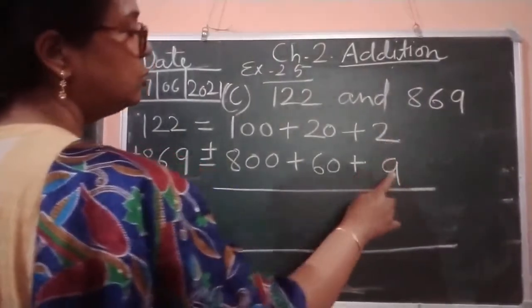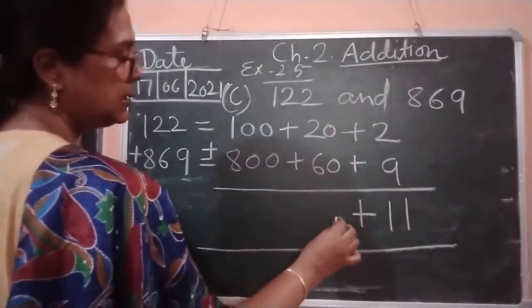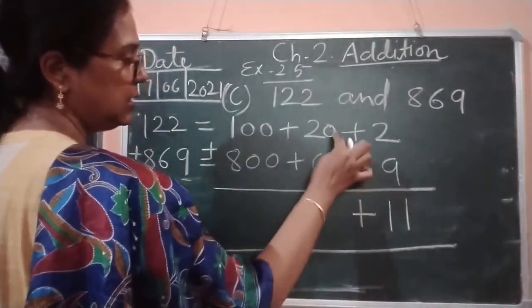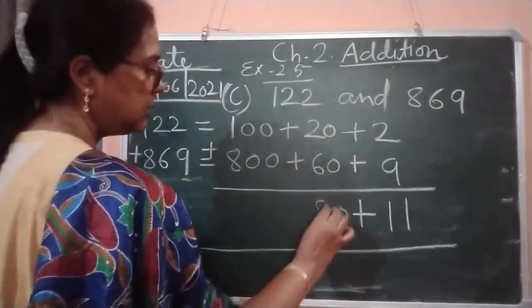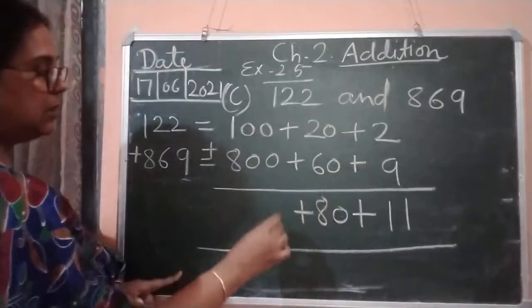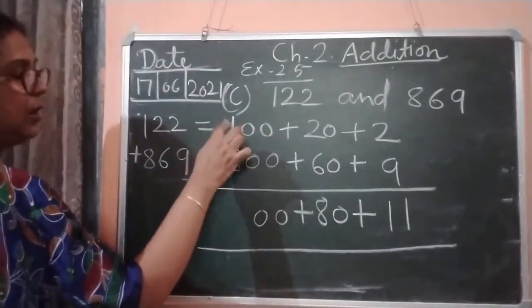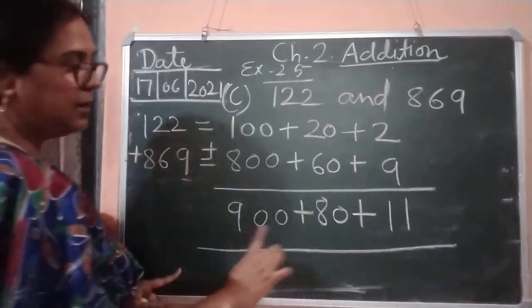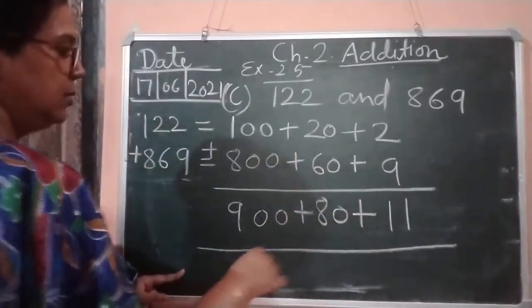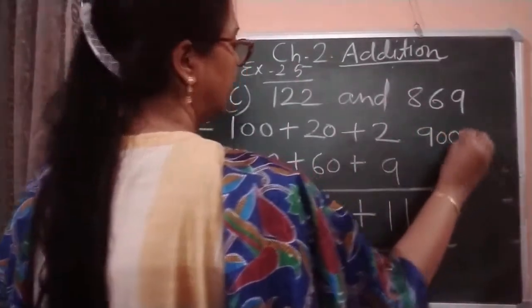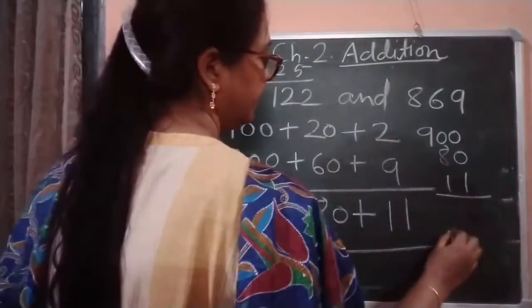Now 9 and 2 is 11. 20 and 60, 0 and 0 is 0, 6 and 2 is 8. Now again 0, 0, 0, and 8 and 1 is 9. So 900, 80 plus 11.